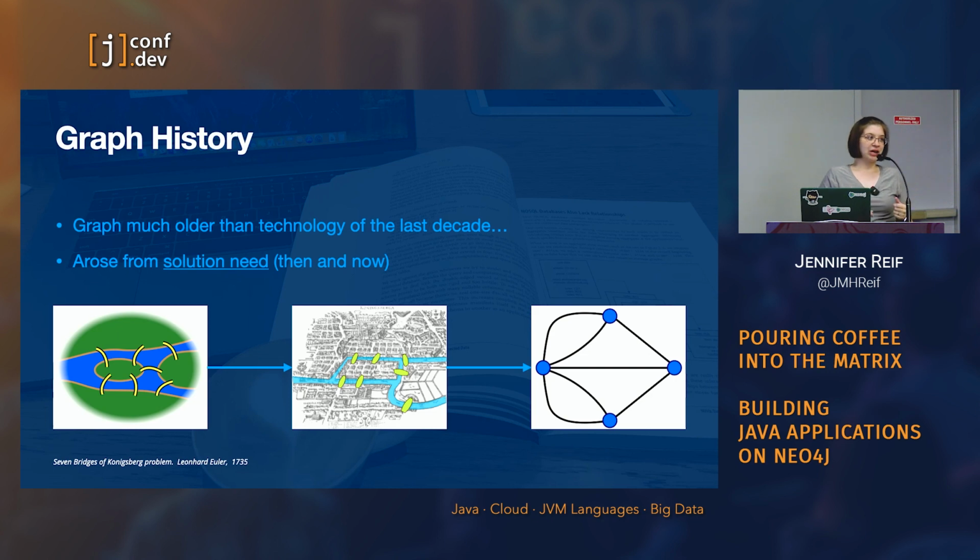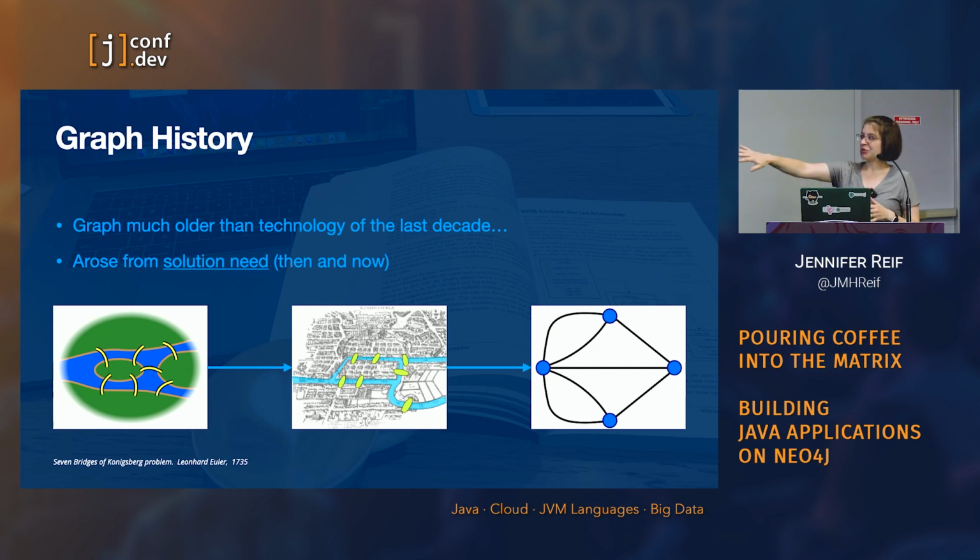And they were trying to figure out, can I go from point A, cross all 7 bridges, and come back to my starting point without repeating paths? And actually that solution is not possible. However, the math that was formed behind it, the solution to that problem, was the foundation for graph theory.